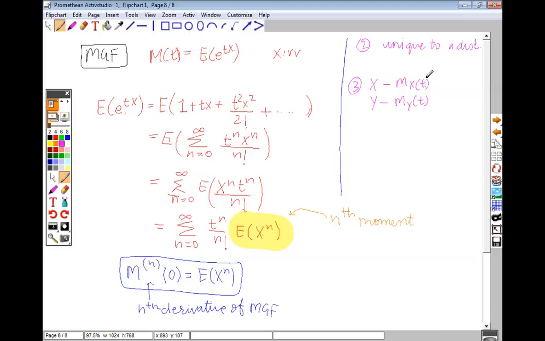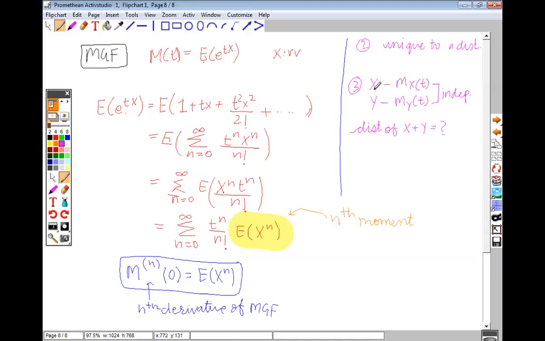And I say that x and y, these two random variables, are independent of each other. Okay, so now if I have to figure out the distribution of x plus y, what can I do? I want the distribution of x plus y.